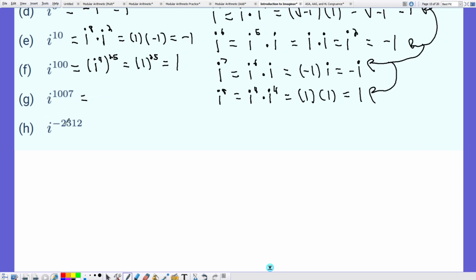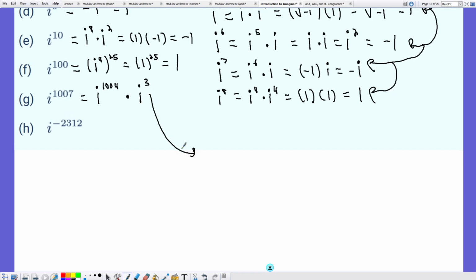To get 1007 to a multiple of 4, the closest one would be i to the 1004th, and to make up the difference, it would have to be i to the 3rd multiplied with it.